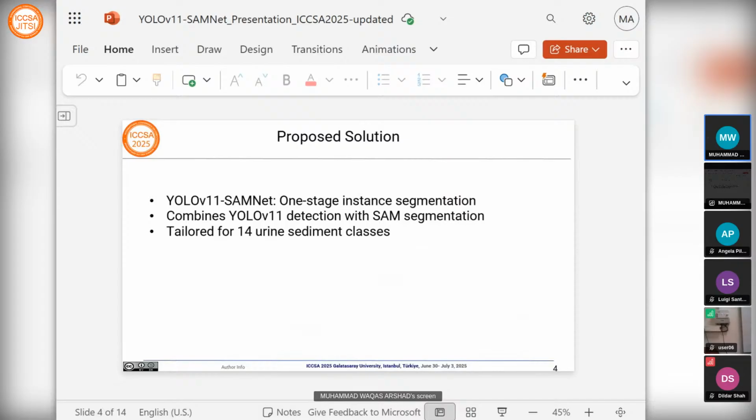That is, at one stage we do both detection and segmentation. I will explain more in the next slide about the architecture and how it happens. It uses the powerful capability of YOLO V11 for the detection, and SAMNet, which is very popular for segmentation purposes. We use this framework to identify and segment 14 different classes of particles found in urine sediment analysis.